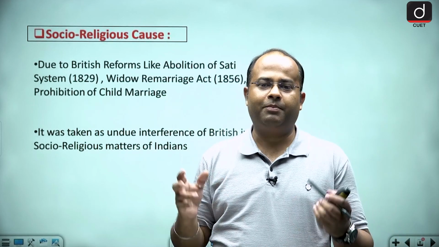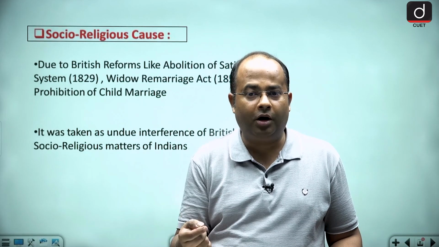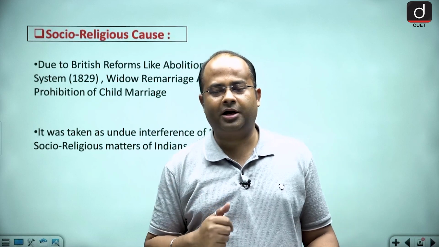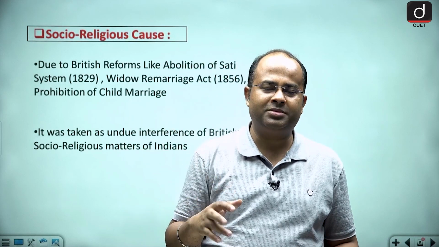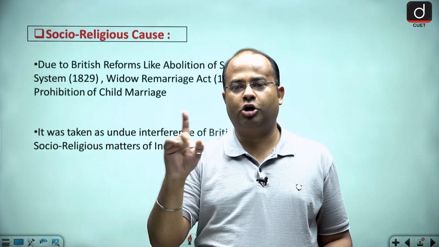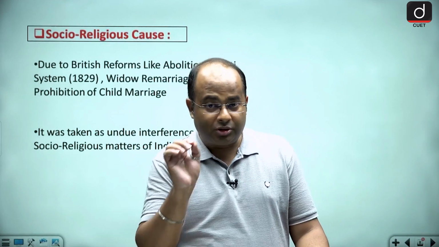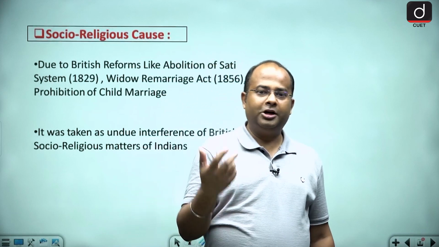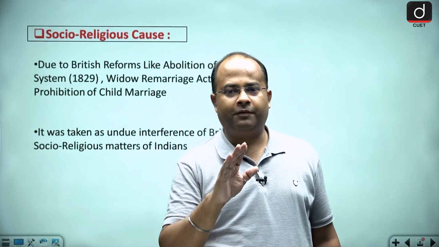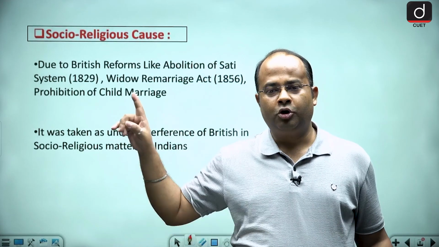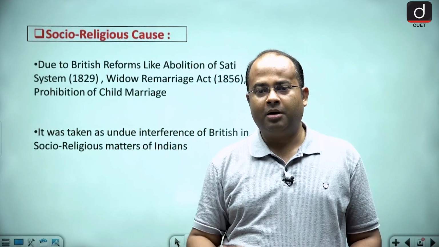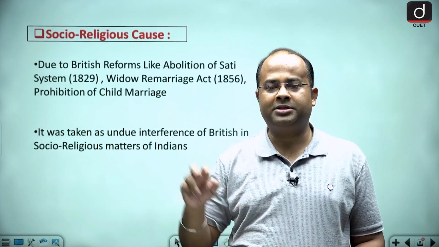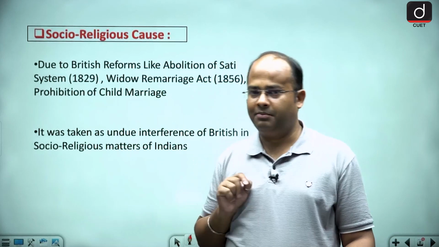So when this type of reforms was carried out by the British government or the British East India Company, they were not acceptable to the Orthodox Hindus and Muslims, because they considered these reforms undue interference in their social and religious matters.